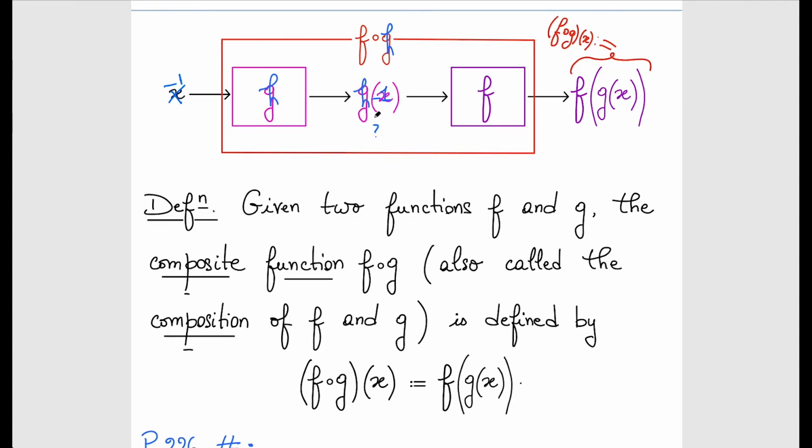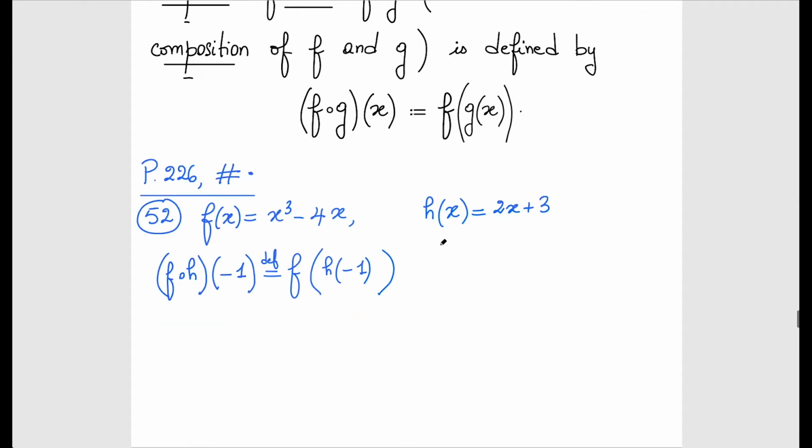And once we find h of -1, that number goes as an input in the function f, and the output of f is the output of the composite function f composed with h at -1, which is technically f of h of -1, right? F of this number, whatever that h of -1 is. So this is pictorially, but we obviously have to present it algebraically. So this is equal to f of h of -1.